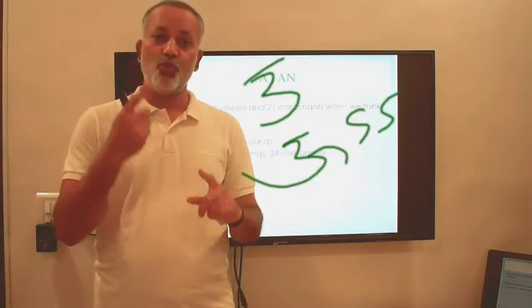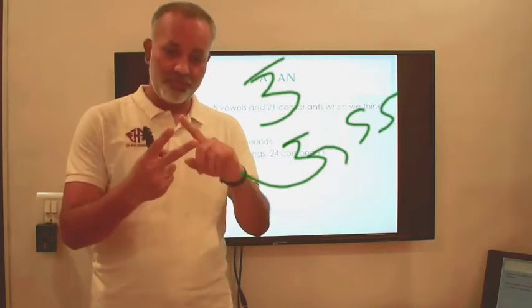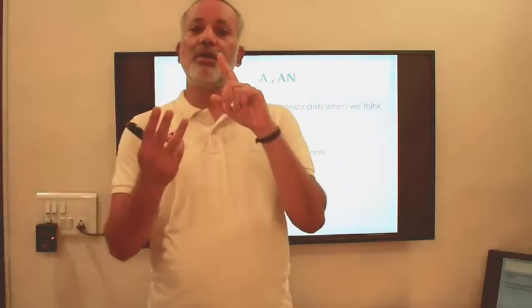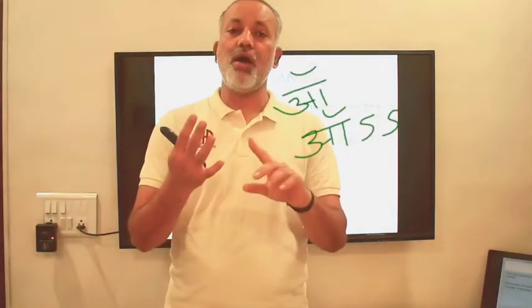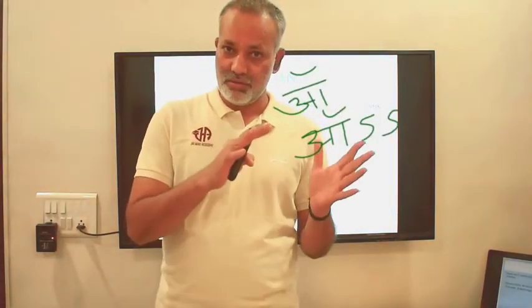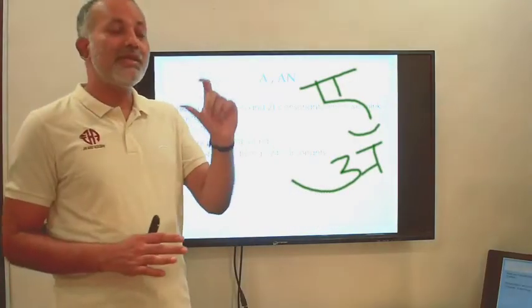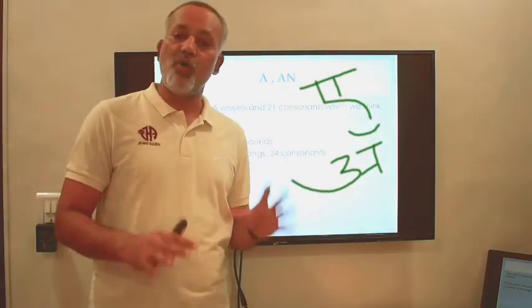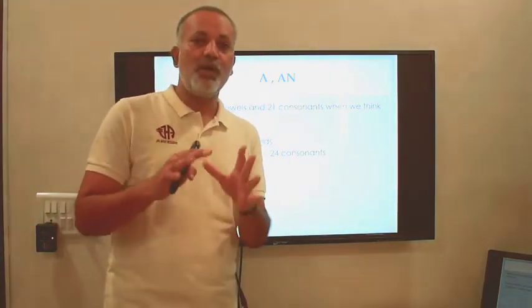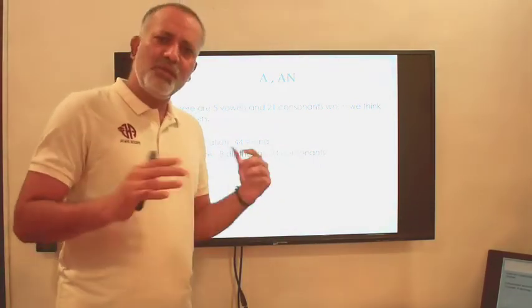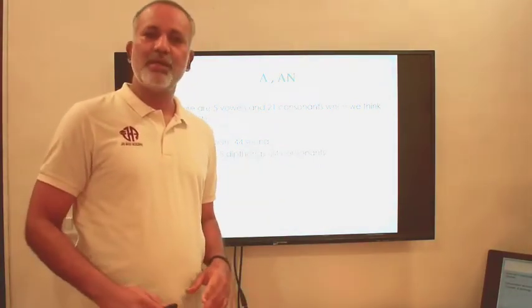Then you have oo, this is short, this is long. 10 हो गए. And last two are two more. ऐसे total 12 vowels हैं, ये आपको ध्यान में रखना है.